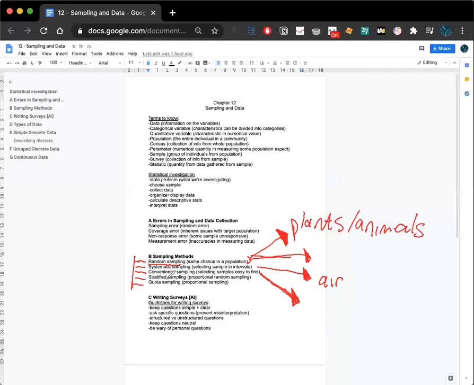And then we also have stratified sampling. So stratified sampling is what you can do when you want to do sampling, but you want to make sure that it's proportional, instead of not representative of the population. So let's just say that in this particular community, there are way more males than females.